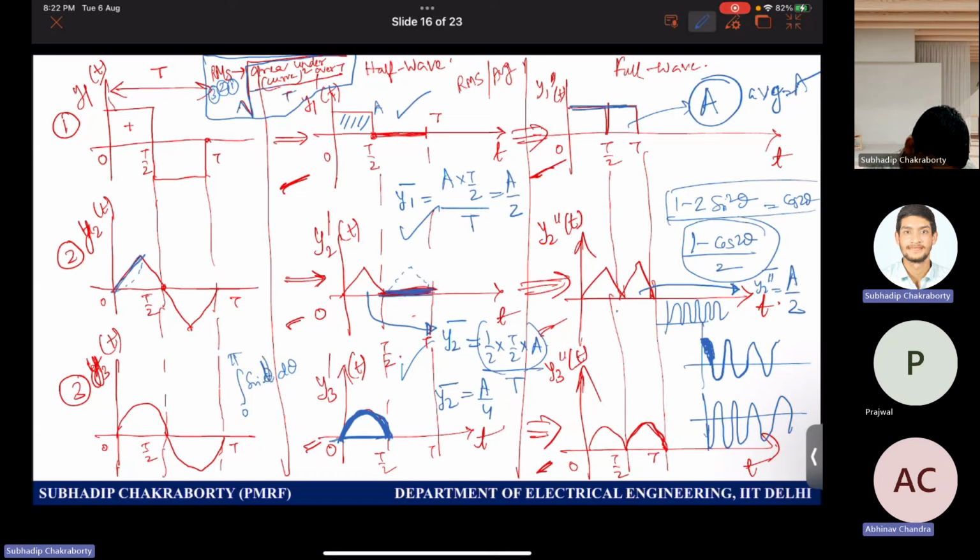But you can write it as t, sine t dt, where omega you consider as 1. And you calculate over T by 2, and mean it over 1 by T. So this is minus cos t by T, and you need to apply the limits, T by 2 and 0.